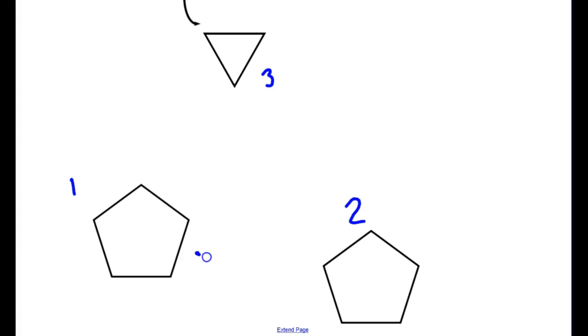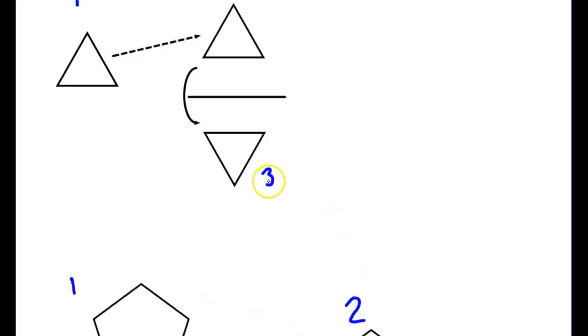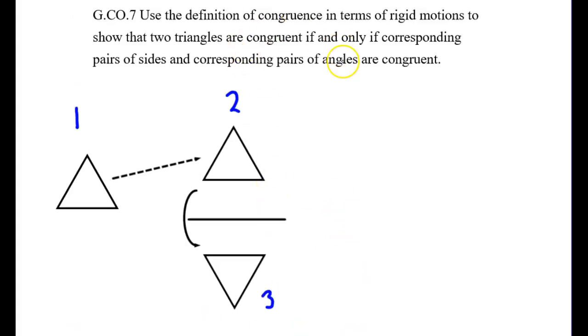In this case, all we would have to do is perform a translation to slide that first pentagon onto the second. Okay, so relating congruence in terms of rigid motions to the congruence of two triangles, all three corresponding angles are congruent, and all three corresponding side lengths must be congruent.